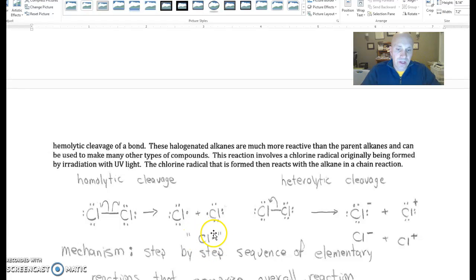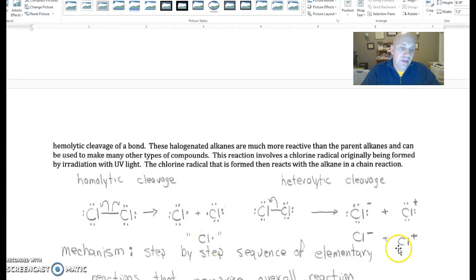How would we know that there are 3 other pairs on this if we're not told? It comes from the fact that there's no charge drawn here. What they're trying to indicate is that there's one unpaired electron on that chlorine, and it's neutral. Therefore, you would be able to figure out that there actually are 3 lone pairs on this chlorine that aren't drawn.